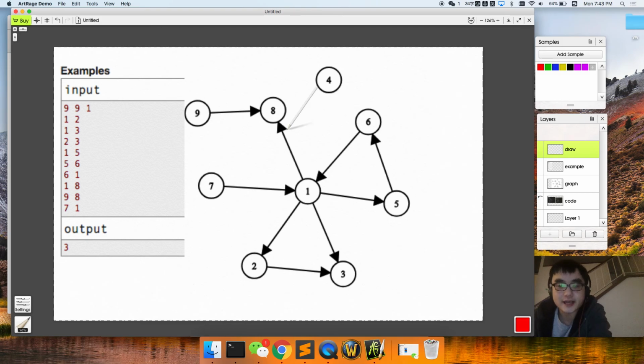So how do we calculate the output here? We are going to use depth first search and also use a stack, right? So the stack here is first in, last out, right? So how do we do it? Let's say we have a stack here, and we are going to depth first search from the first node, right?